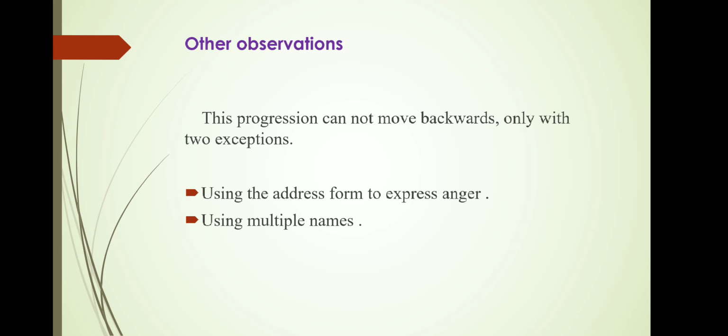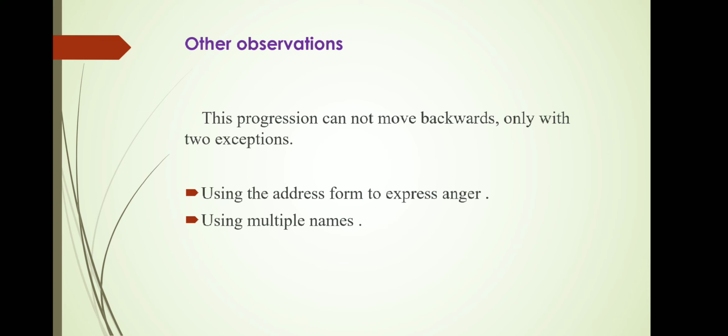The second exception is when using multiple names. Brown and Ford discovered that in friendship relationships, people address each other with multiple names, right? Sometimes they say title last name, sometimes they use the first name or last name, or they use nicknames, right?